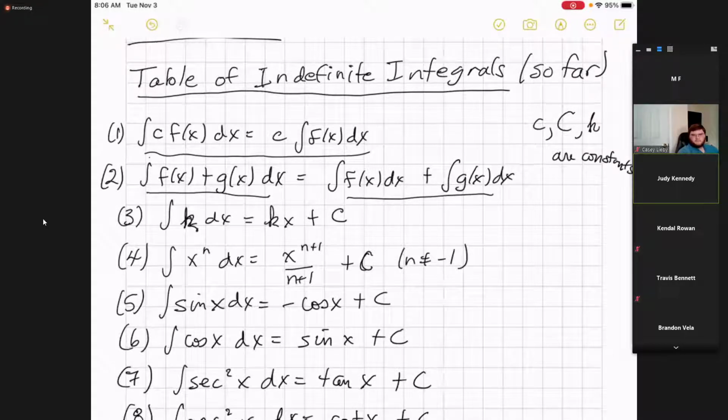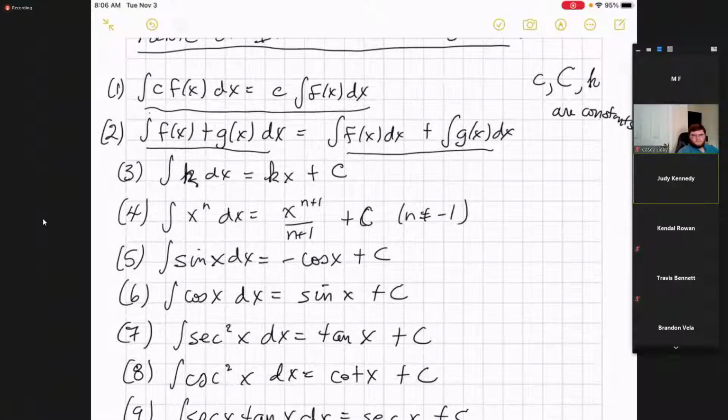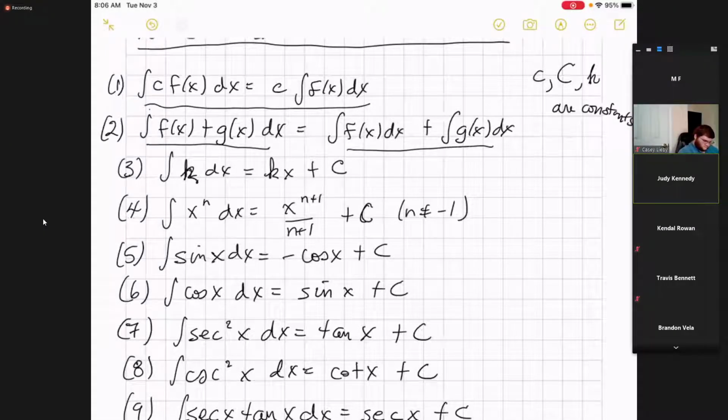The antiderivative of a constant is the constant times x, and you still get to add on an arbitrary constant. The antiderivative of x to the n dx is x to the n plus 1 over n plus 1 plus c, provided n is not equal to minus 1. We started talking a little bit about what to do if n is equal to minus 1 yesterday, and we'll come back to that shortly.